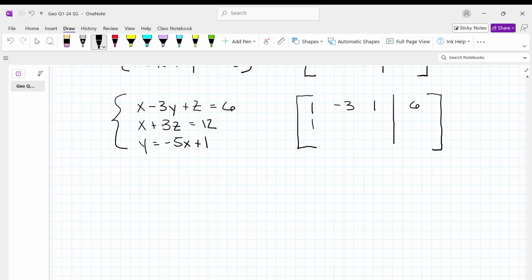We don't have a y, do we? If there's no y in the equation, it's because there was a 0 in front of it. So in our y column, we go 0. Coefficient of z is 3, and we're equal to 12.